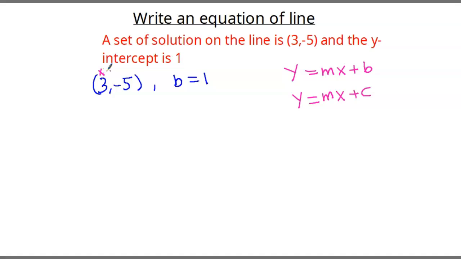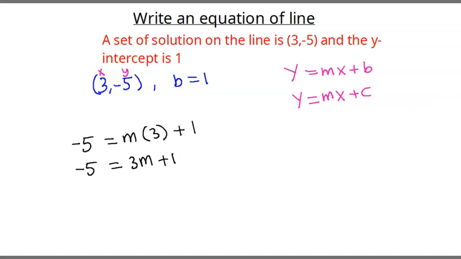We know this is our x and this is our y, so we plug it into the equation: -5 = m, which we don't know, times 3, plus 1. Multiplication is commutative, so we can write it as such.